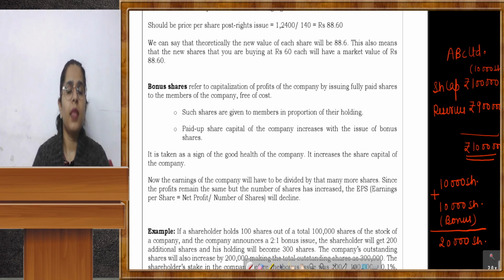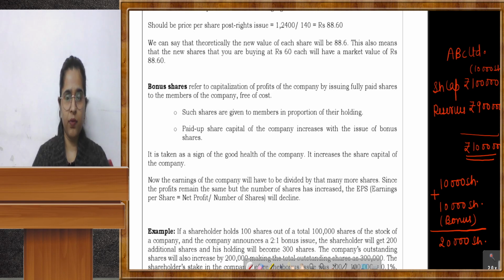So now the next question which arises is where this amount will come from. So let me tell you, existing shareholders will not have to pay anything for taking up bonus shares. In case of right shares, they had to pay an amount, although it was less than the market value, but still shareholders had to pay this. But in case of bonus issue, nothing is to be paid by the shareholders. These will be given by the company free of cost.